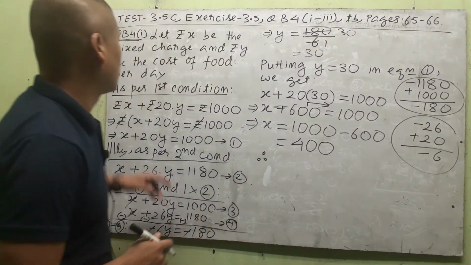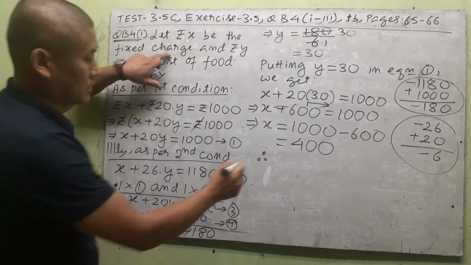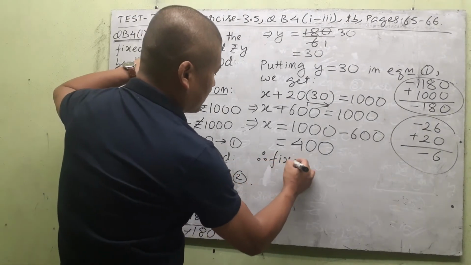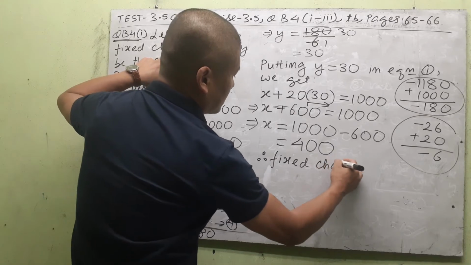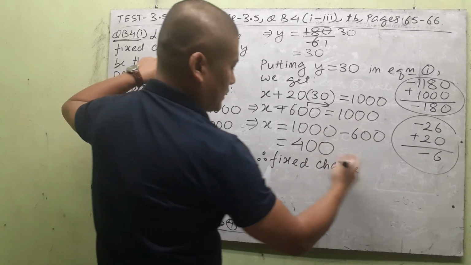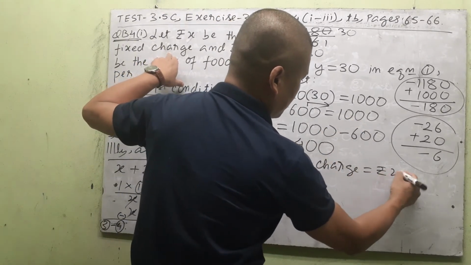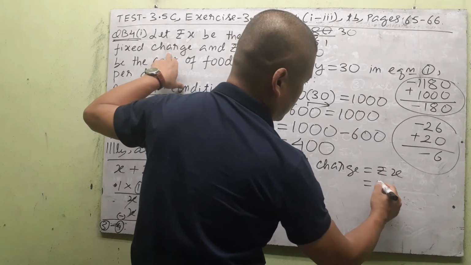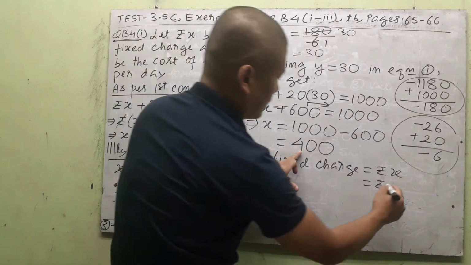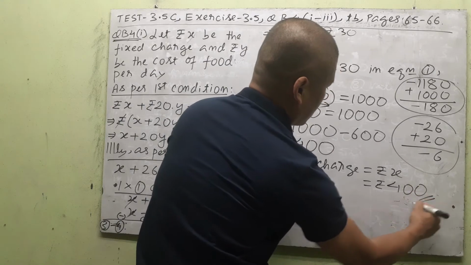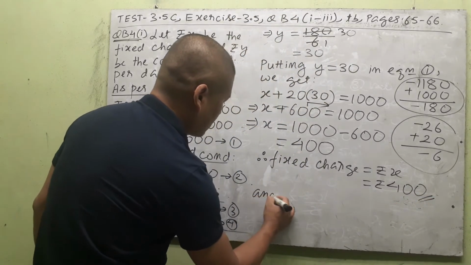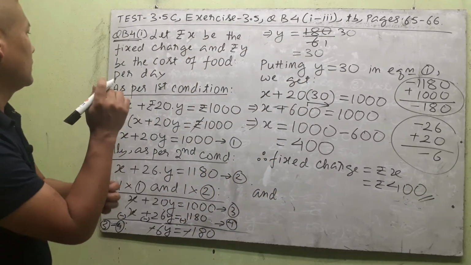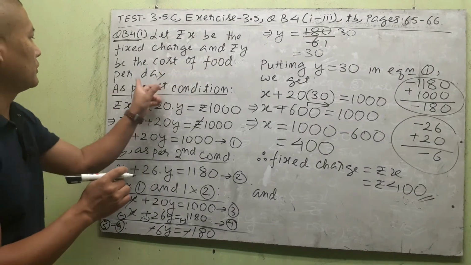Therefore x is what? Let us go and see. They're asking for the fixed charge, so the fixed charge in the hostel for the hostel stay, for any number of days, is the same, equal to rupees x, which we put in the beginning, and x is now 400. And y we have to see, y is the cost of food per day.